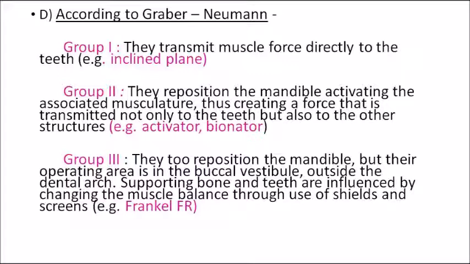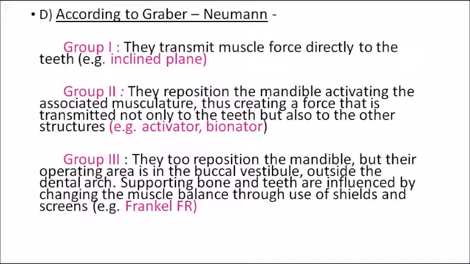Whereas in the third category, here also the mandible is getting repositioned, but here you are not transmitting the force to the dentition, but rather you are shielding the dentition from the unwanted forces exerted by the adjoining musculature. So that is how Graber and Neumann have classified the myofunctional appliances.